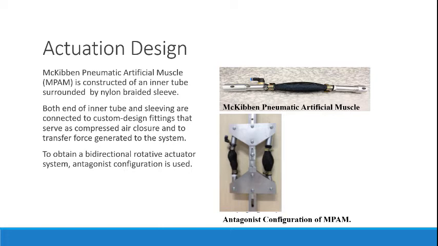To obtain a bi-directional rotative actuator system, the antagonist configuration is used. As you can see on your right side, the first figure is the McKibben pneumatic artificial muscle, and the second figure is the antagonist configuration of the MPAM.